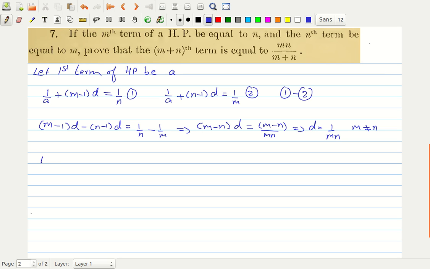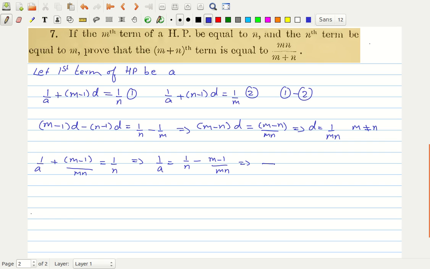So you get 1 by a plus m minus 1 divided by mn should be equal to 1 by n, and this gives us 1 by a is equal to 1 by n minus m minus 1 by mn.